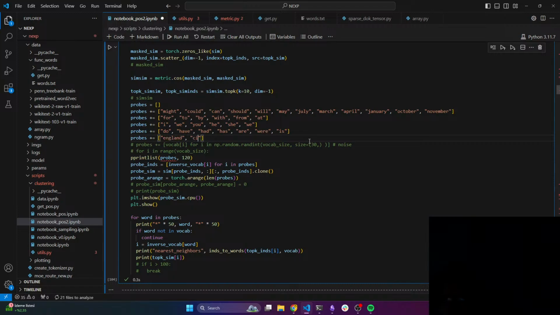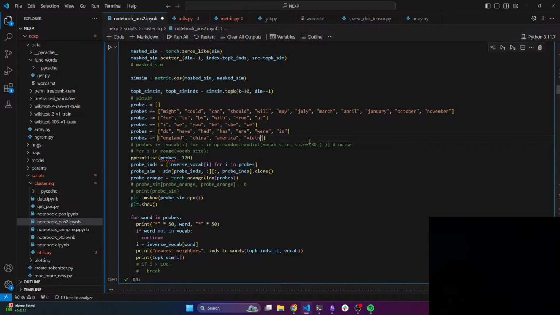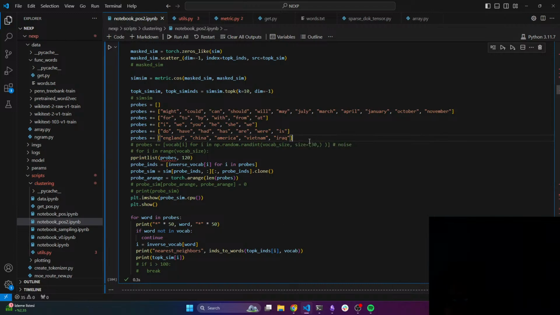England, China, America, Vietnam, Iraq, right? And usually these two are very similar to each other. France, Brazil. Let's change it to France.